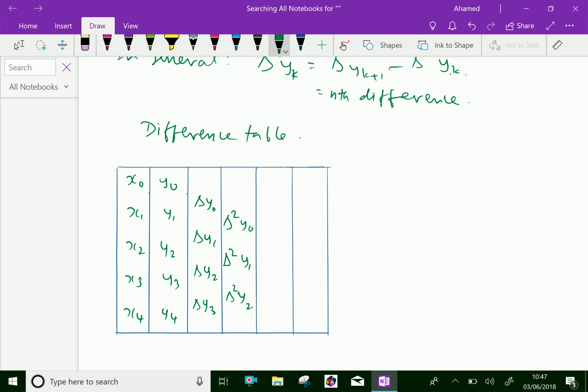Then the third difference is delta cube of y0, delta cube of y1. Then the fourth difference is delta power 4 of y0. The difference table format is like that.